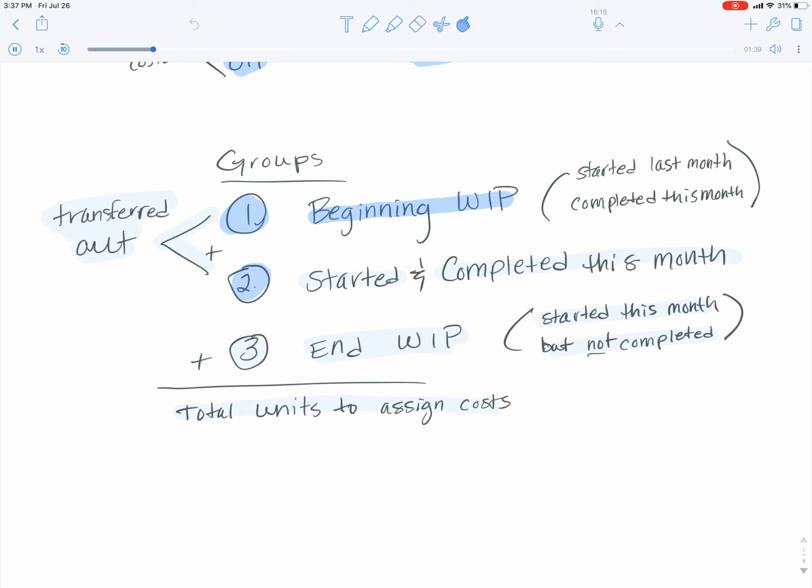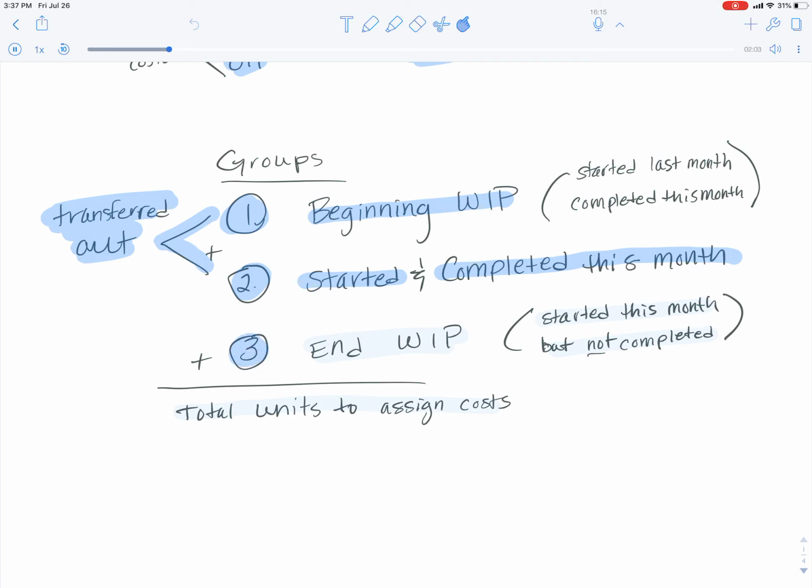And then group two is going to be more inventory we started this period, but we also completed it. So this inventory got started and completed this month. Together, group 1 and 2 is going to be what's transferred out to either the completed inventory or to the next department.